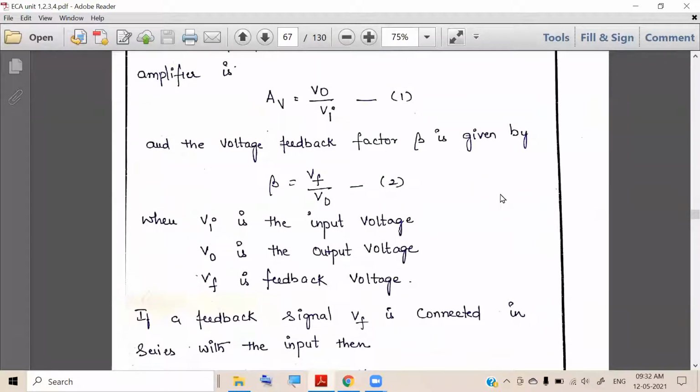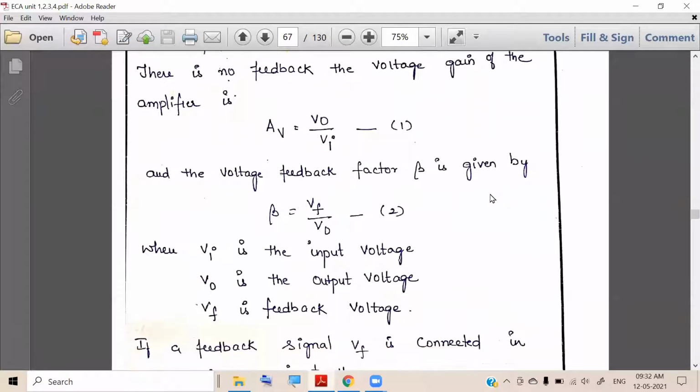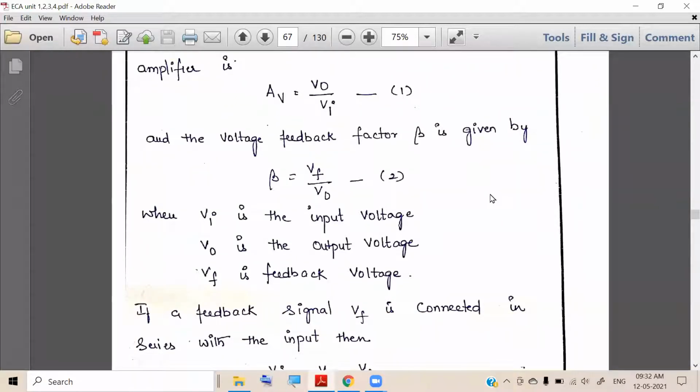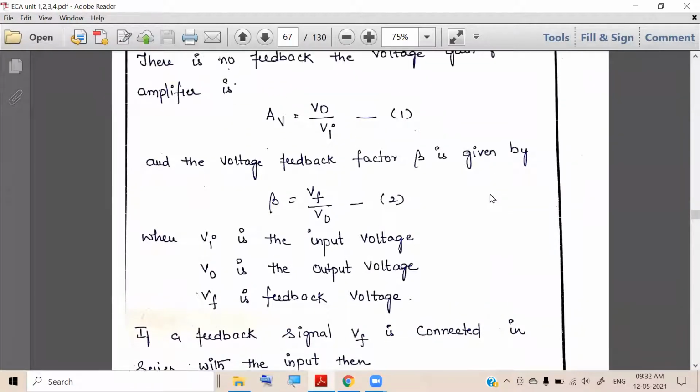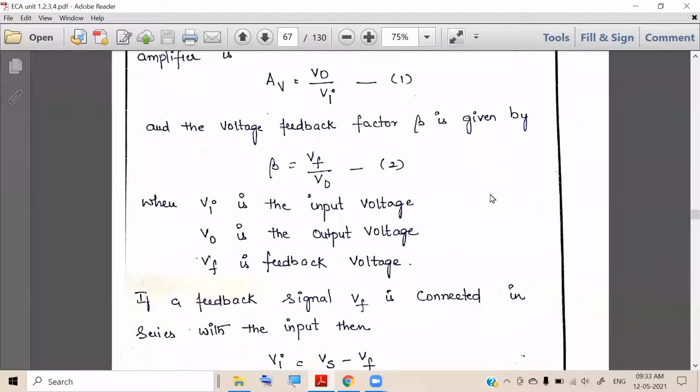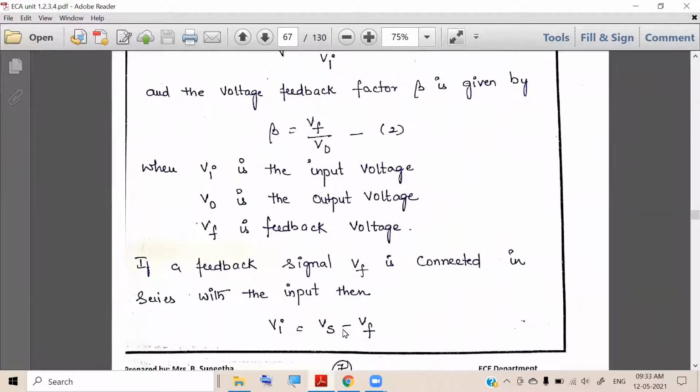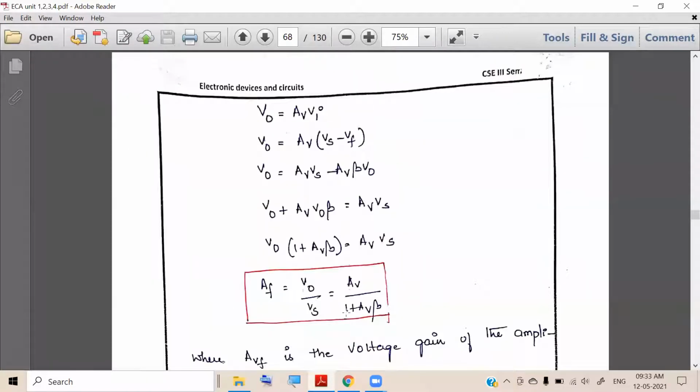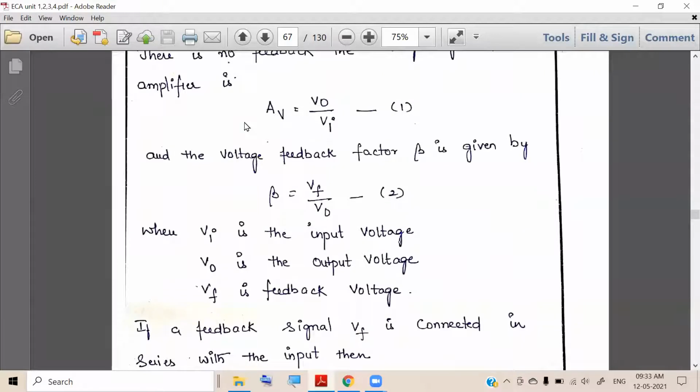So here we know that Vi for negative feedback is Vs minus Vf. Next, we already discussed that AB is V naught by Vi.